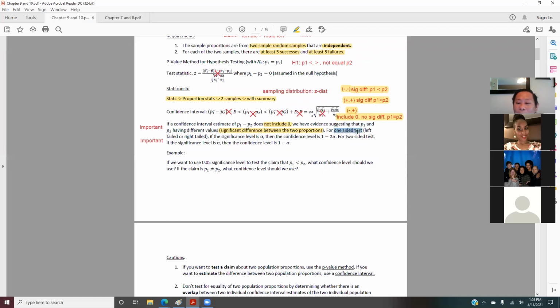For any one-sided test, either left or right-hand side, the confidence level is given by 1 minus 2 alpha, and alpha is your level of significance. For any two-sided test, the confidence level is 1 minus alpha. So this is the second important thing.